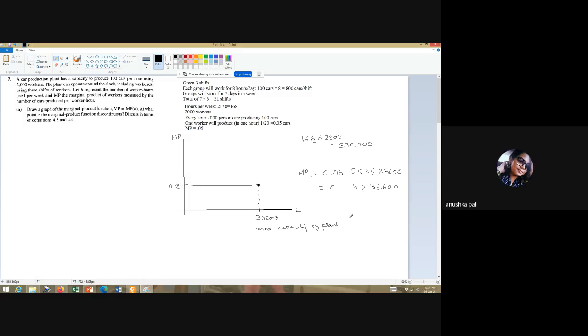So, as per the diagram, even at 0, the marginal product is supposed to be 0.05, right? Yes. But in the equation, sir, you just wrote that it's strictly greater than 0.